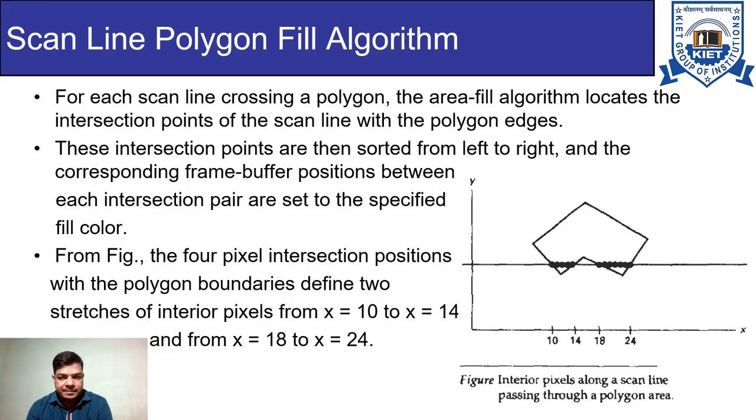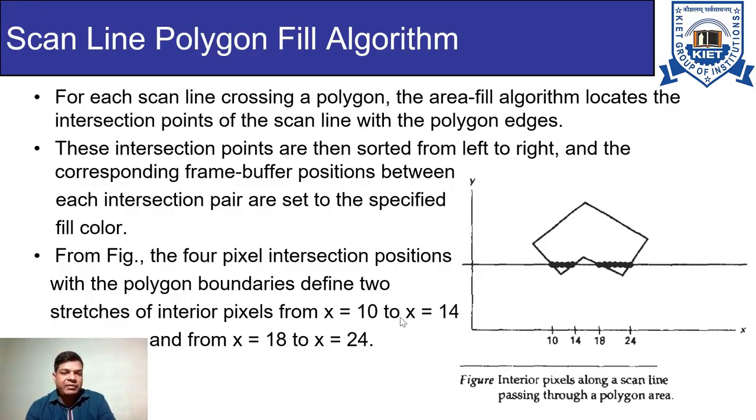So what is happening, we know that the intersection points are at x equals 10, then x equals 14, then x equals 18, and then x equals 24. So the first intersection area is from x equals 10 to x equals 14.